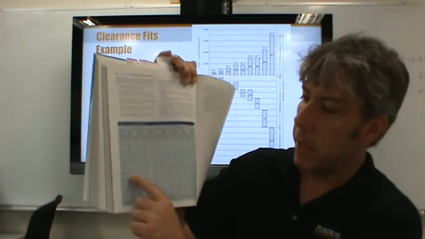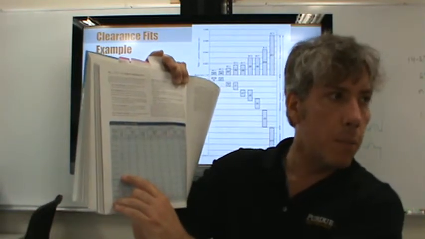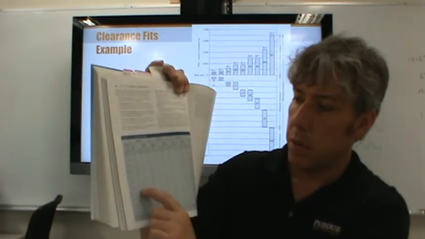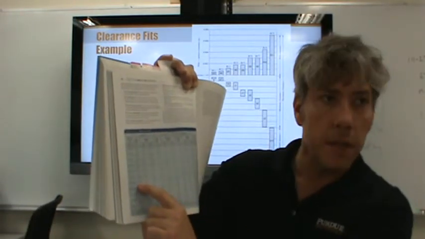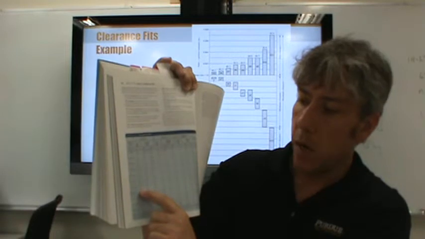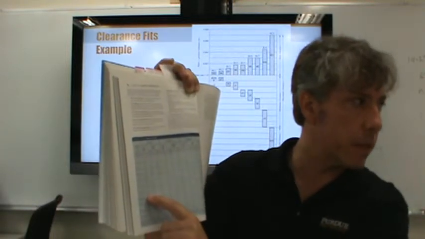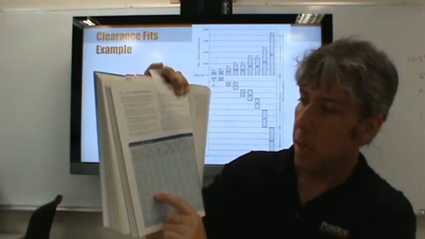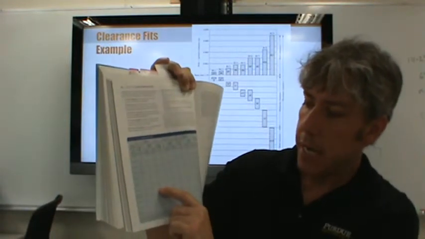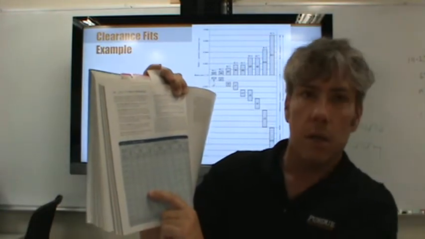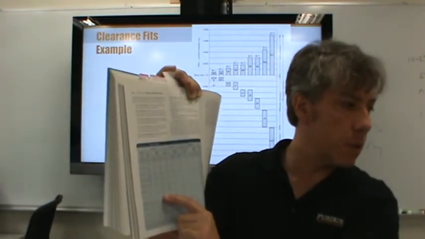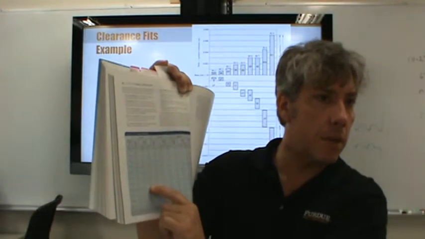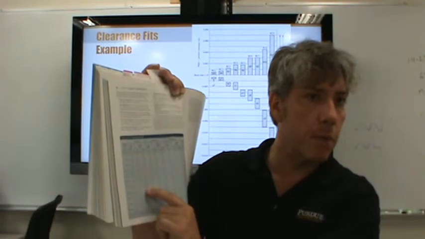Well, the limits of clearance mean that there's going to be at least 0.4 thousandths of clearance if you have an RC2 fit in a shaft that is a nominal 2-inch size. There could be all the way up to 1.6 thousandths of clearance. Does that make sense? And the actual tolerances on the shaft are, it has to be under by at least 0.4 thousandths of an inch. It could be undersized by all the way up to 0.9 thousandths of an inch. See how I'm reading these numbers off?